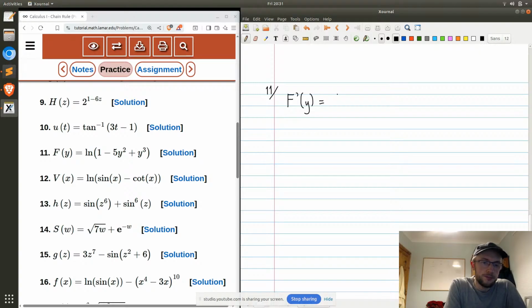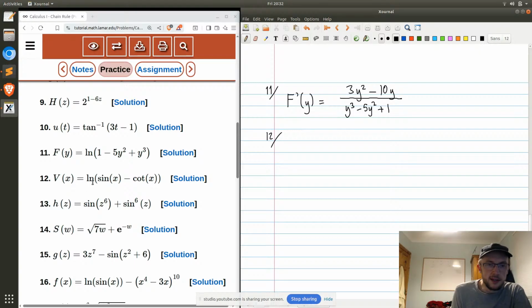So then differentiating the inside one, that will be on top, won't it? Okay, so it's going to be 3y squared minus 10y. That guy disappears. All over y cubed minus 5y squared plus 1. I believe, but I don't yet know.